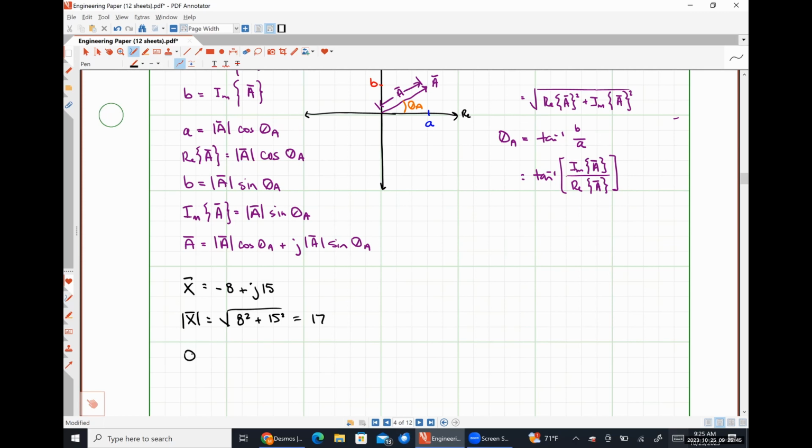Our angle, theta x, is going to be the inverse tangent of 15 over -8.